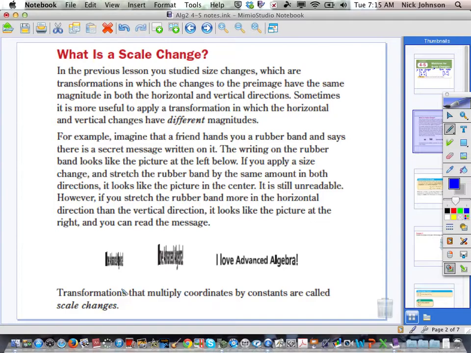Transformations that multiply coordinates by constants are called scale changes. You're going to want to write that down.